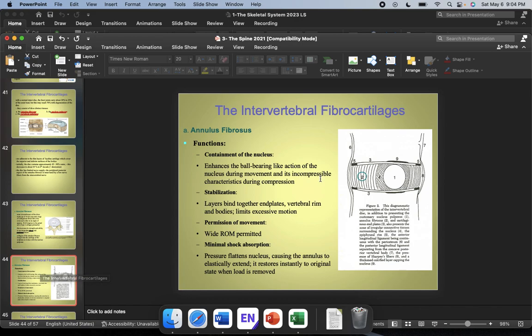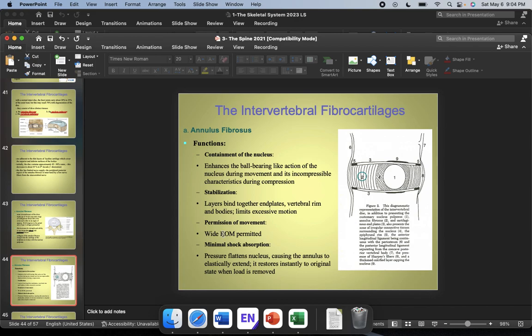Just a little bit more on this idea of containment, or this outer layer which helps keep the strength. The annulus fibrosus allows us to maintain movement. It's incompressible and very, very stable. Those layers bind together the end plates because they are continuous with the end plates, so it becomes one solid continuous structure.